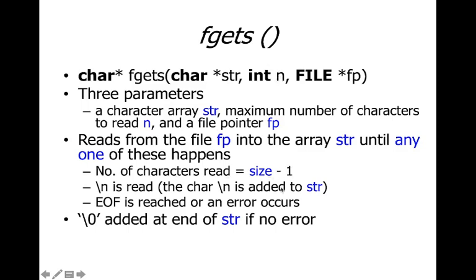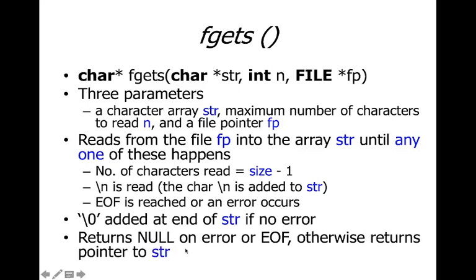Size here means n, so it is actually n minus 1; when the size reaches n minus 1, it has read all the characters. It also stops when slash n is read, or when end of file is reached or an error occurs. After completing all these operations, finally slash 0 is added to the end of str, since a string should be terminated with slash 0.